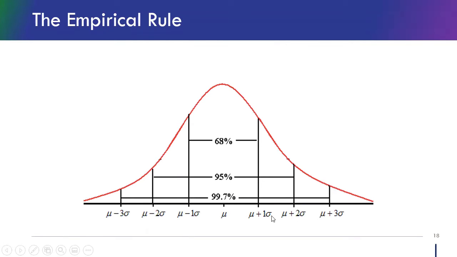Two standard deviations cover 95% of the data, and three standard deviations cover 99.7%. Okay, so this is for the standard normal.